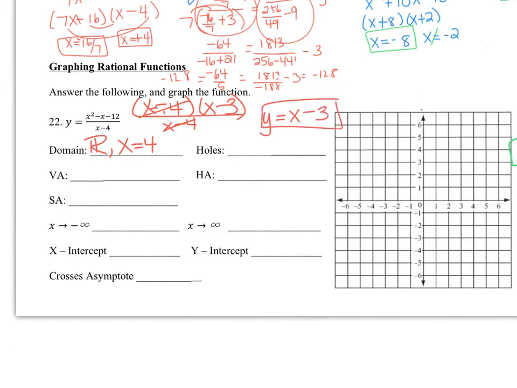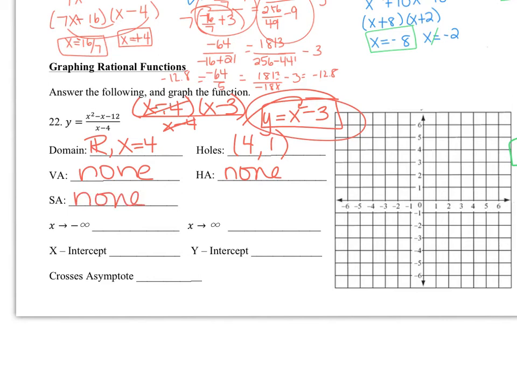And this is the equation I'm now using for everything else. So I have a hole because I had a common factor at 4. So now I'm going to plug 4 into there to get my y value. So 4 minus 3 is 1, so I have a hole at 4, 1. If I look at this, I notice it's no longer a rational function. It's now a linear function. So because now it's a linear function, I have no horizontal asymptotes or vertical asymptotes or slant asymptotes.